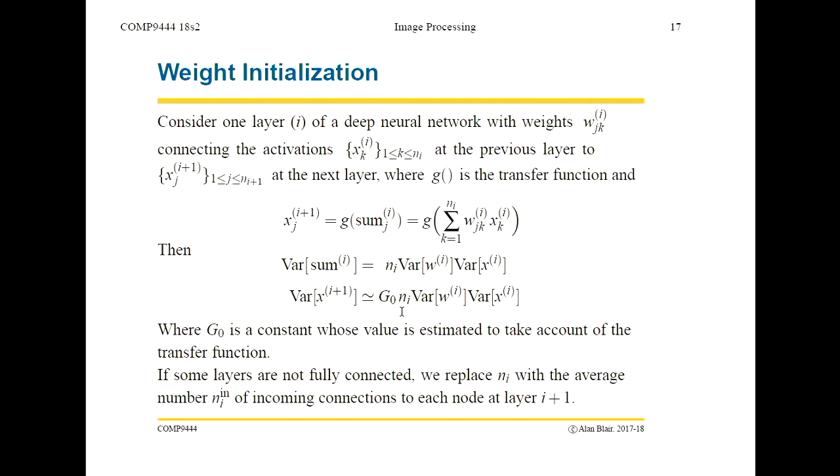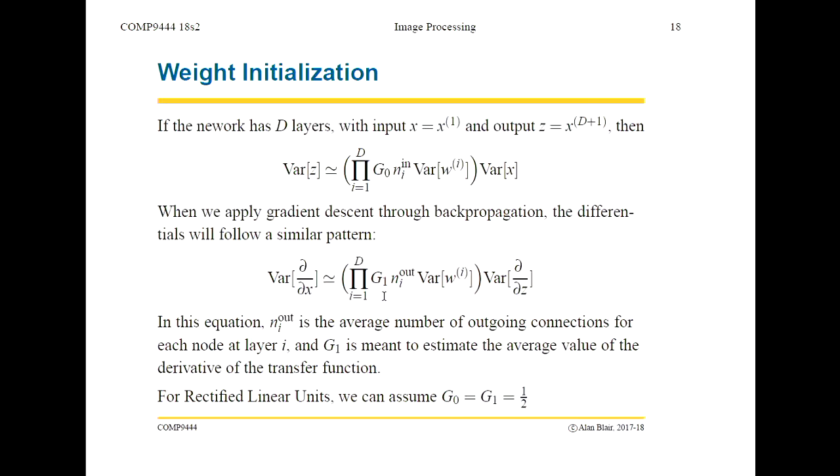If it's fully connected, maybe all of them. So this gets you from layer i to i plus 1, and then when you go to i plus 2, you'd multiply by this at the next layer, and so on. The variance of the output is like you take the variance of the inputs and multiply by this value for every intervening layer.